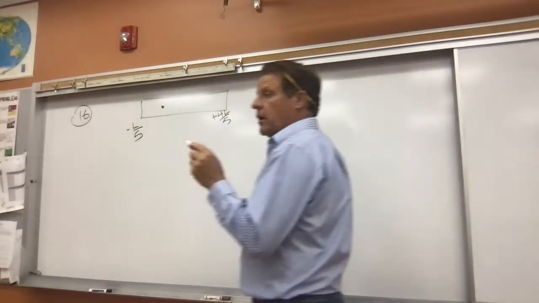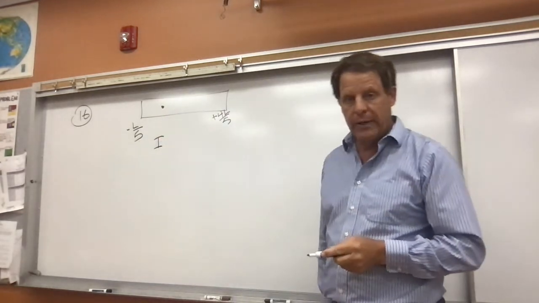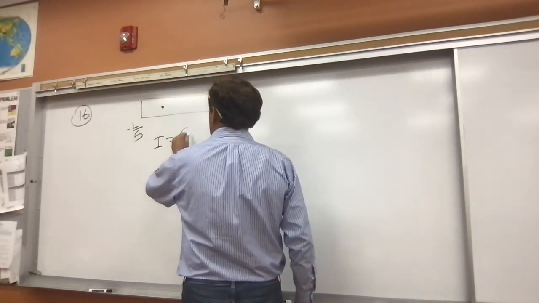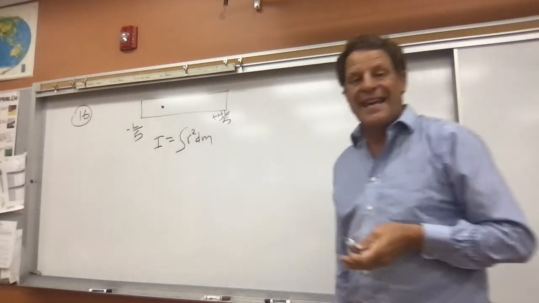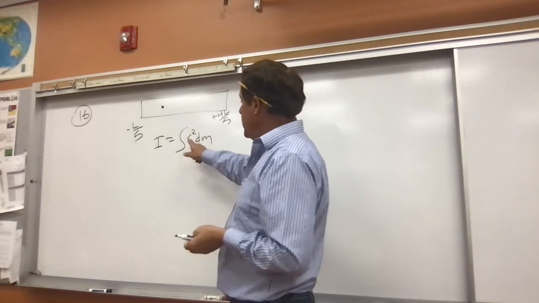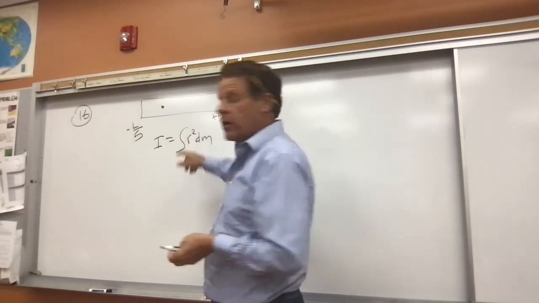Now, our calculus equation for determining the moment of inertia, as you may remember, was the integral of r squared dm. If you just look at the units there, it would be kilogram meter squared.